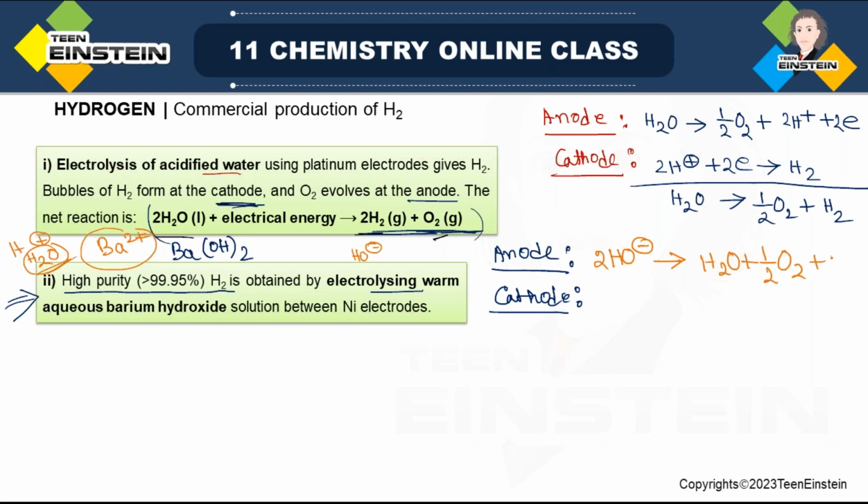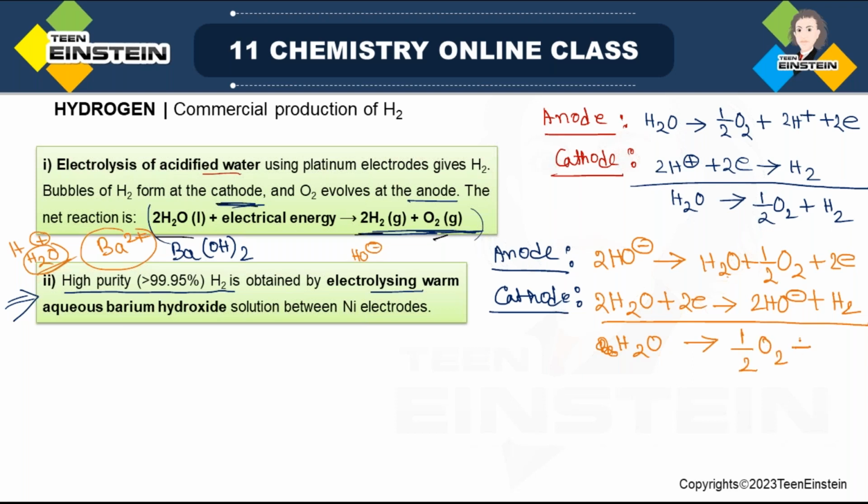This is the balanced equation, 2 electrons. If we add it, electron cancel, hydroxide cancel, there will be 2 H2O, sorry, only 1 H2O, because there is 1 H2O in the right hand side, and here it is half oxygen and H2. Okay, so this is the overall equation.